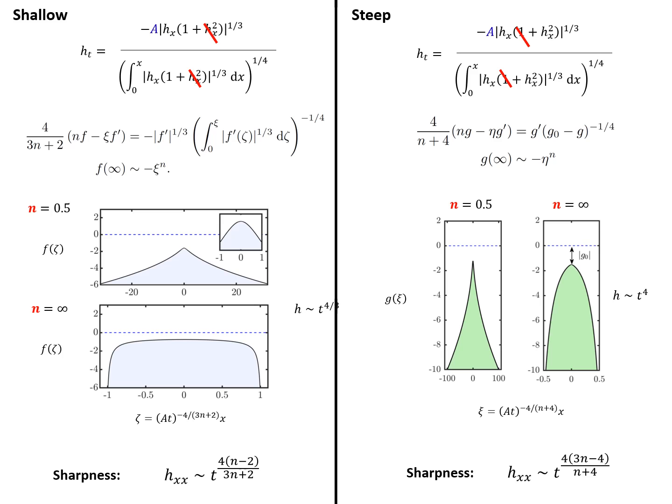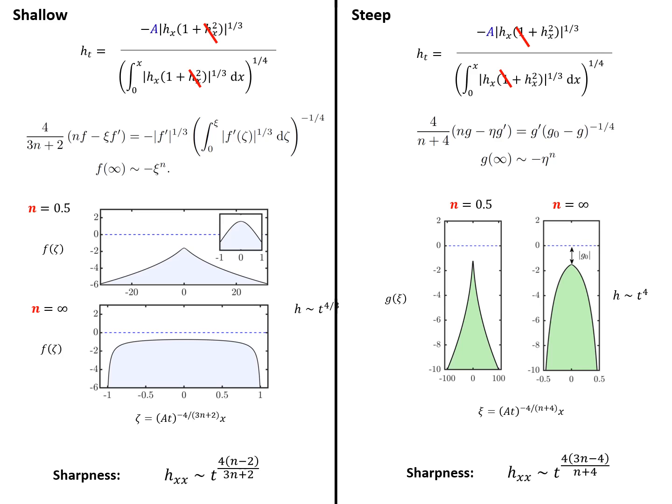So what's happening here is the solution is transitioning between two different similarity solutions, one in which it's steep and the other in which it's shallow. And by suitably reducing the governing equation, we can actually derive generalized similarity solutions that apply for any given initial power law shape, where n is the initial power law exponent.